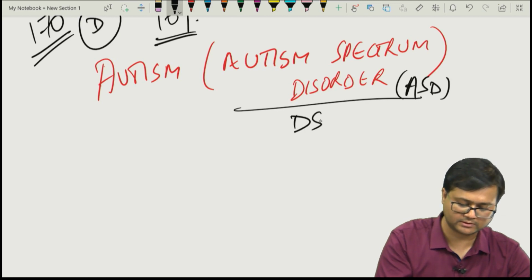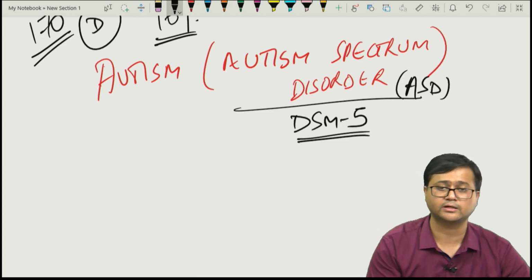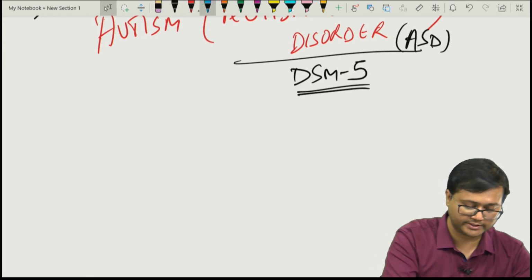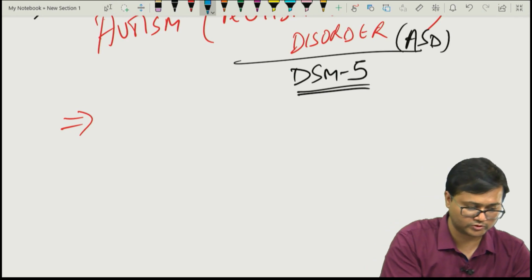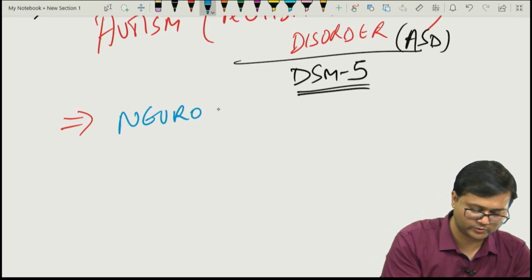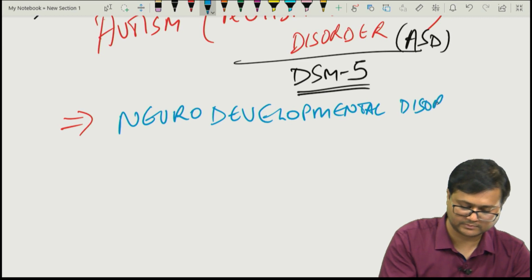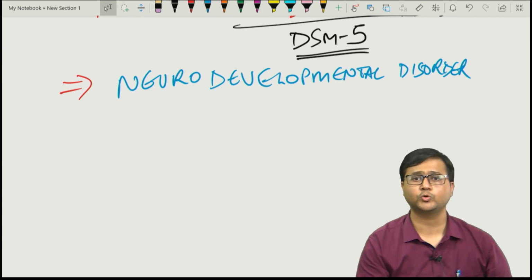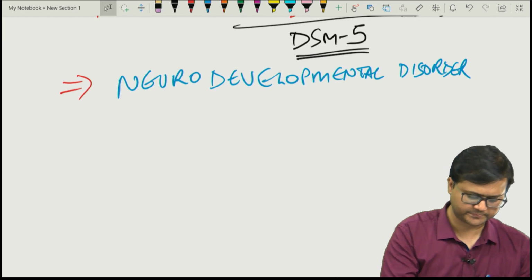So this is a new change in DSM-5, and a similar change is expected to come in the newer ICD-11. Similar to SLD, it is also a neurodevelopmental disorder.